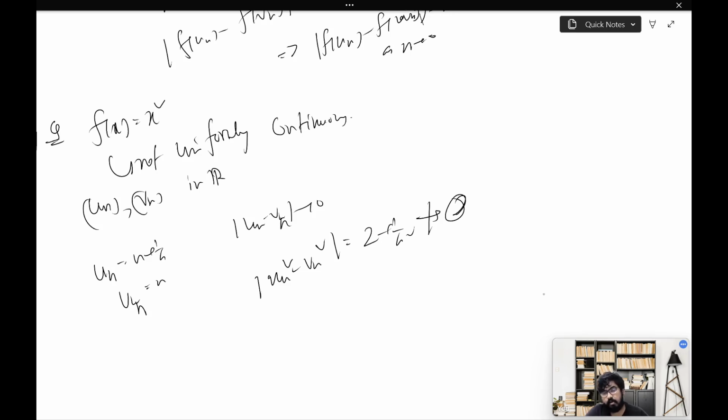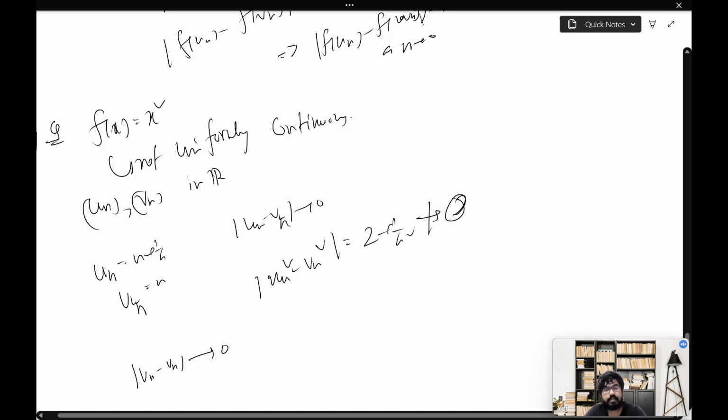Then |u_n minus v_n| goes to 0, because of 1 by n. But u_n squared minus v_n squared is equal to 2 plus 1 by n squared, which does not go to 0. So this way you can show that the function is not uniformly continuous. Please go through it once again. I shall get back after 2 minutes.